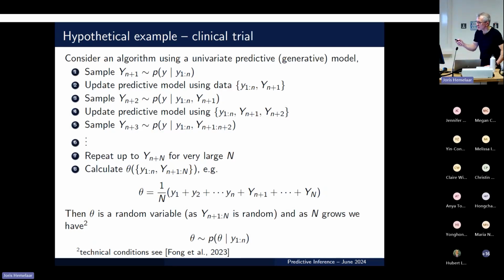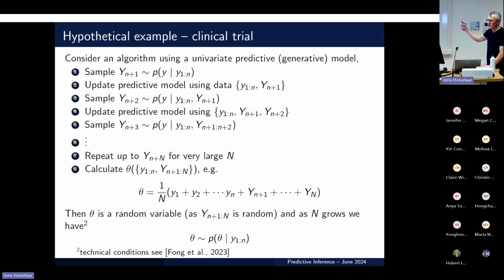I'm going to first take a univariate predictive model. This just has to predict one individual, the next outcome for the next patient. And it has to be a generative model. I need to be able to simulate that next patient or next sample and make a prediction on it using the data that I have.